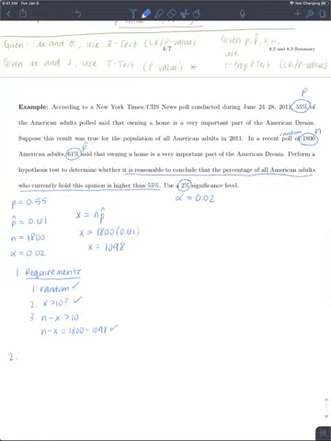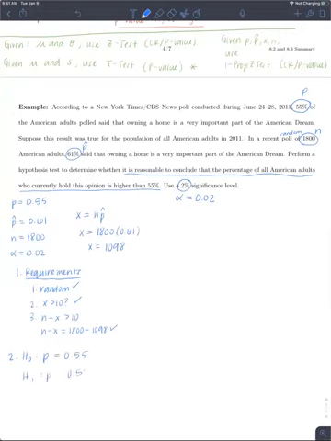And then what's the second thing I do after I check for those requirements? Yeah, I'm going to state my null and alternative hypotheses. And so my null is that H naught, and so I'm going to have that P equals, and then what value should I put there? What do I think P is equal to? .55, yeah. And then H1, what sign?